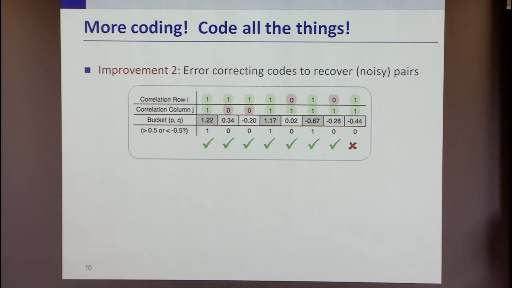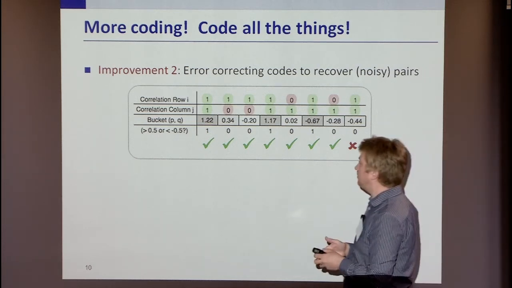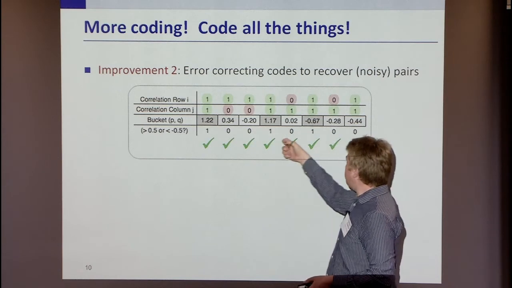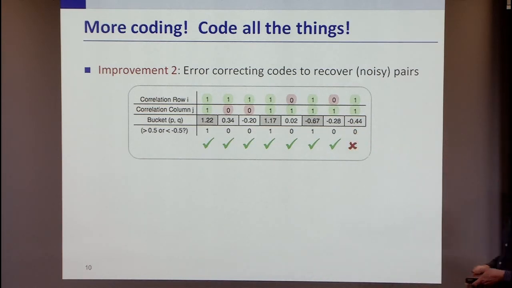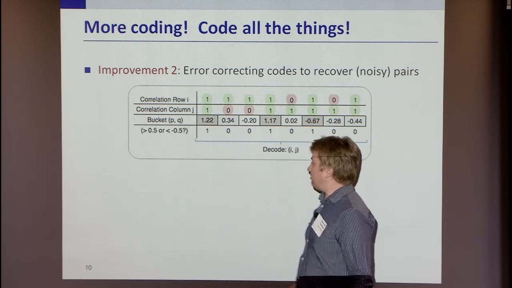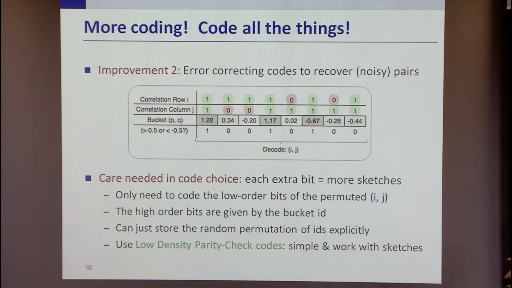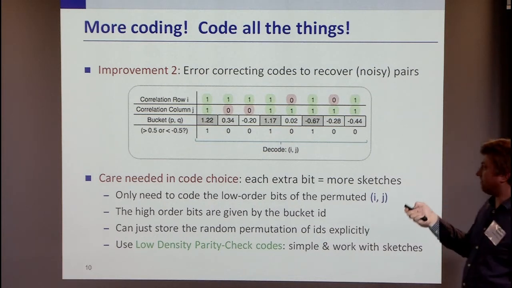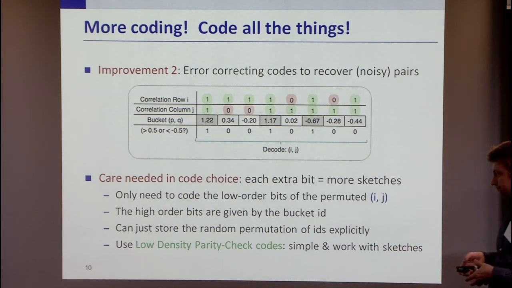But if I have an error correcting code, then maybe I can still read this as a code word, even though there's one or a small number of bit errors in the code word that I decode. I will still be able to decode this as a correct indicator of the combination of I and J. So at a high level, I want to think about what codes I can put in here that will give me the right trade-off between the rate of error correction and the code word length.